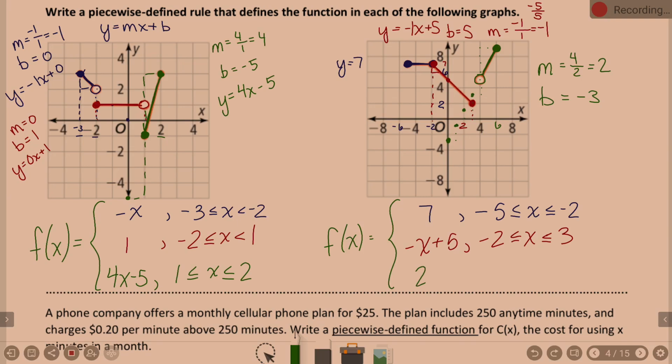2x minus 3 on what interval? You guys agree with that? It's between 4 and 6, and 6 is filled in and equal to.